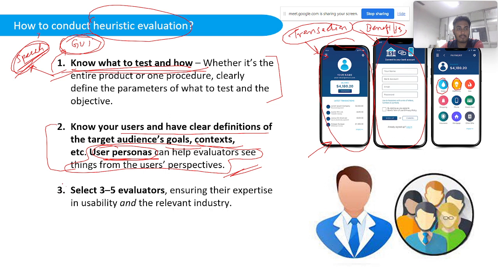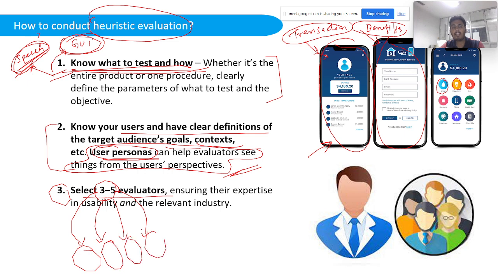The third thing is obviously selecting evaluators. Normally 3 to 5 evaluators need to be selected for heuristic evaluation, because this is again something where we see how many experts actually arrive at the same conclusions. This is again like majority wins, because we do not want to evaluate a system interaction based on one person's perspective.